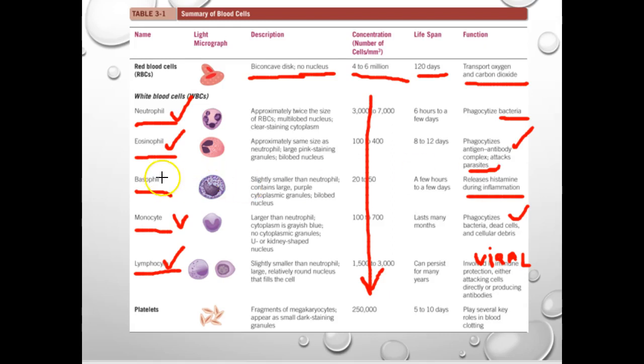If you have an increased percentage of basophils, so instead of 1%, say it's 3%, you could be having some sort of inflammatory histamine response, or histamine response to an inflammatory condition. If you have 80% neutrophils, you're fighting off bacteria.